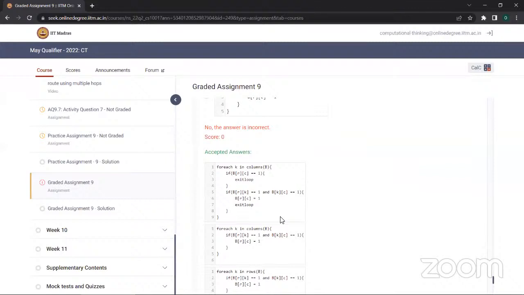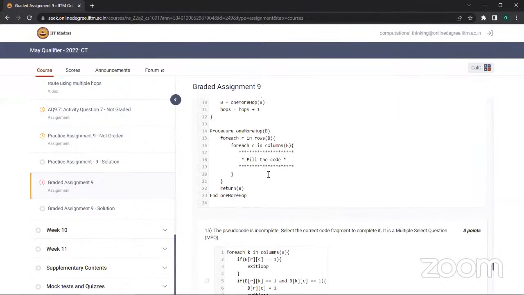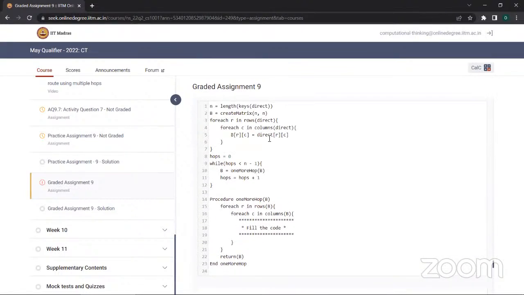Okay. See, first you have to check what is happening in this pseudocode, right? What are we talking about? We are talking about trains, right? Yes, sir. Are we talking about stations or trains? We're talking about stations only, sir. The direct matrix contains whether a path exists from station 1 to station 2.